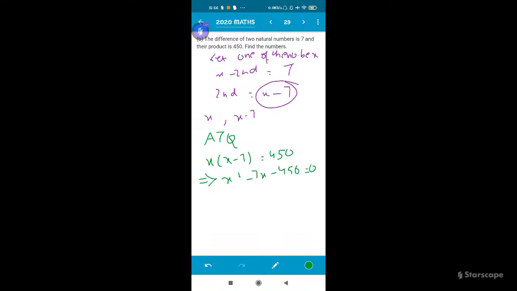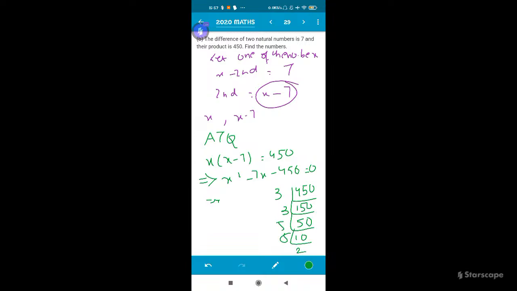Okay, so now let's solve it. We can use Sridharacharya formula also, or we can do it directly by using middle term factorization. 5, 10, 5, 2.